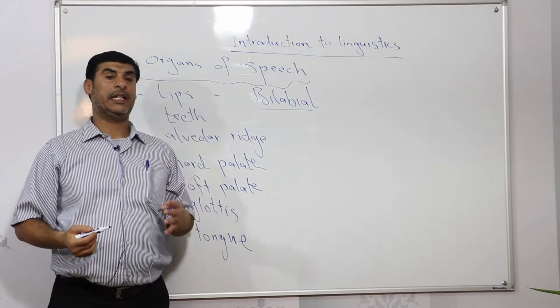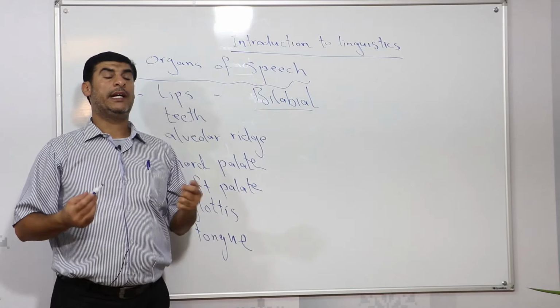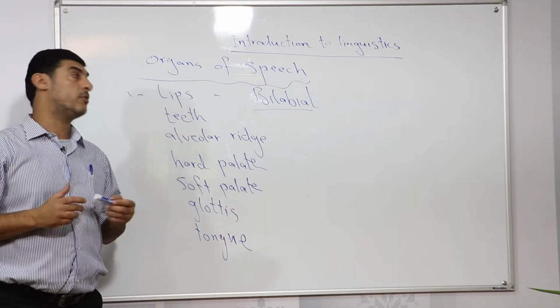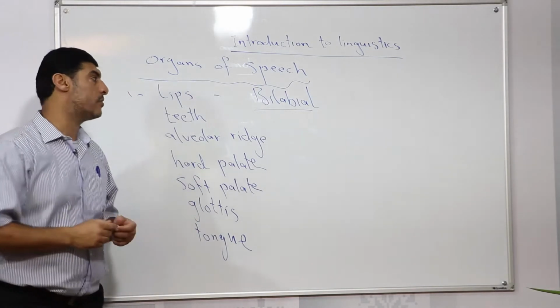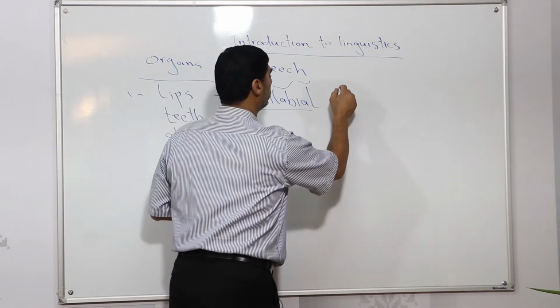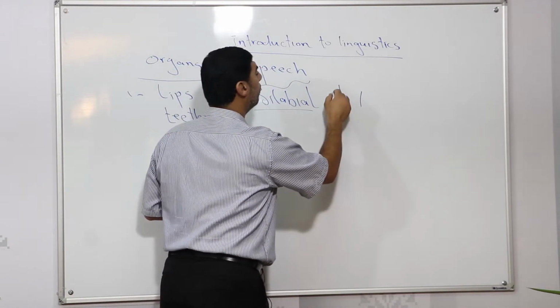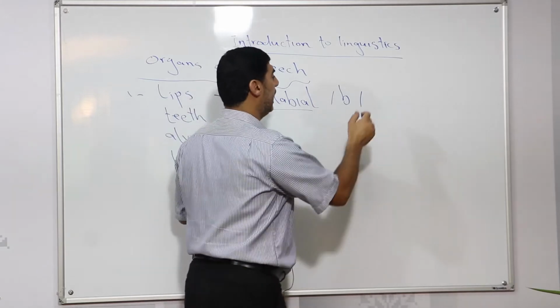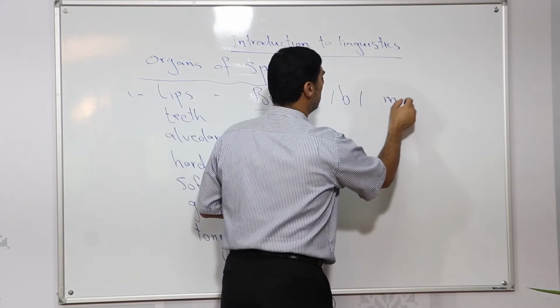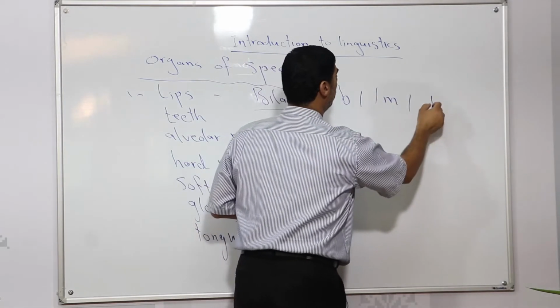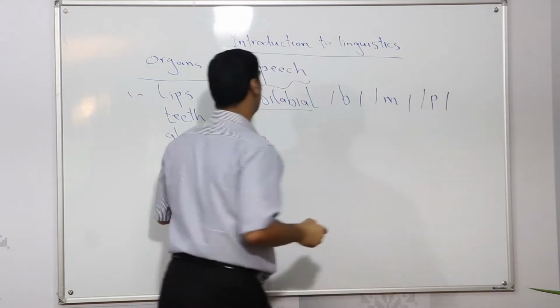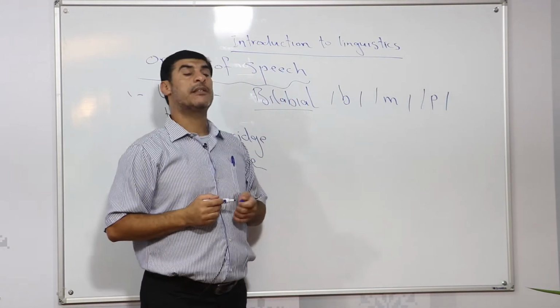A bilabial sound is produced by pressing the two lips together, producing such sounds: ba, ma, and pa. So these are bilabial sounds.